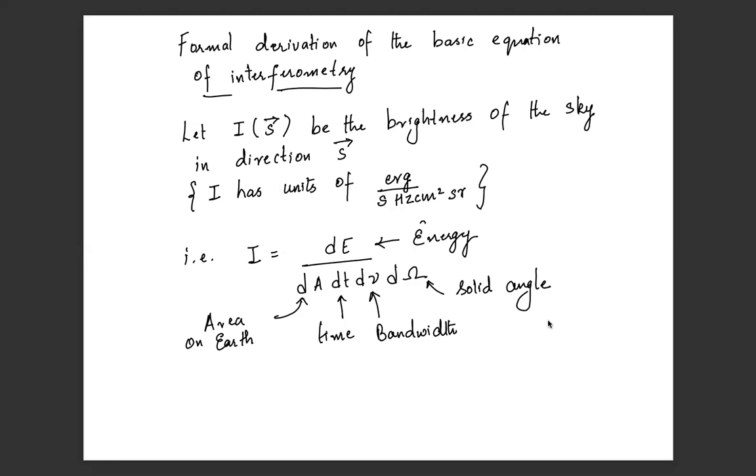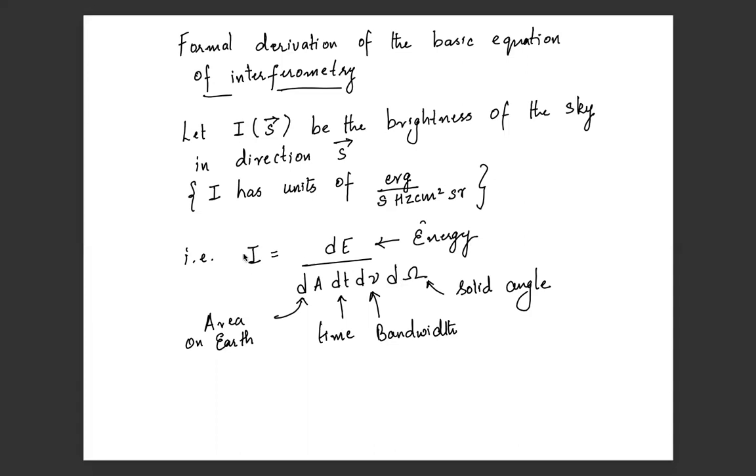What we are interested in is I of S, and that is just the brightness of the sky in direction S, where you can think of S as a unit vector pointing at the direction you're interested in. Now, I is usually called specific intensity, and it has units of ergs per second per hertz per square centimeter per steradian in Gaussian units.